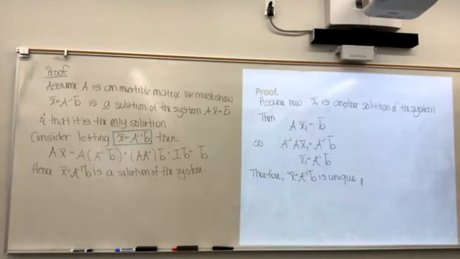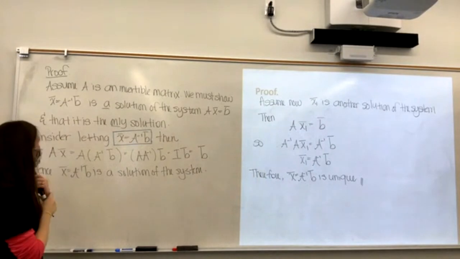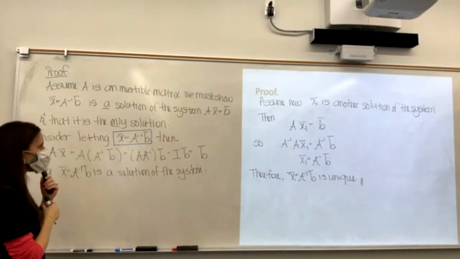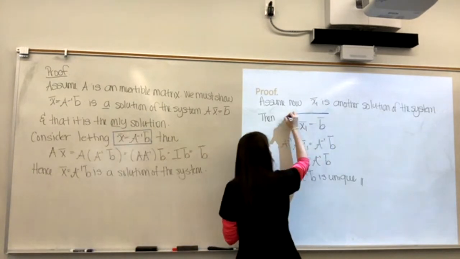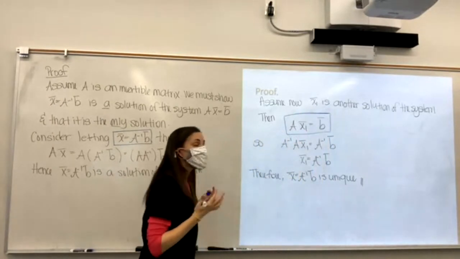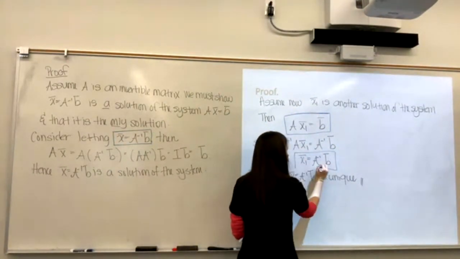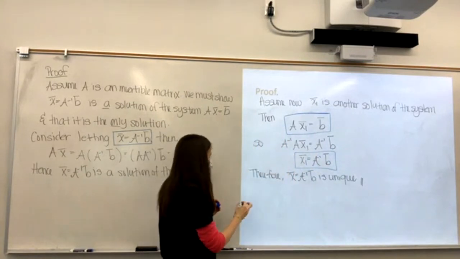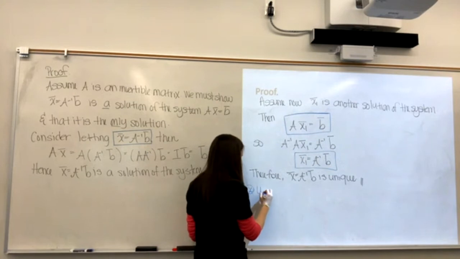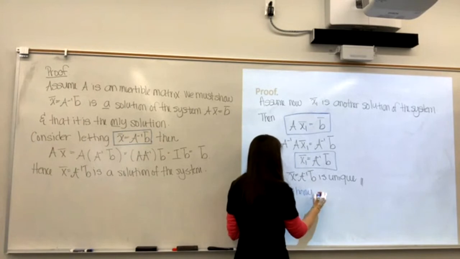Okay. So we're going to do some examples. But what this theorem is really telling us is, if I start with a system, AX equals B, and I want to solve that system, well, a solution to that system will be A inverse times B. Now, this is one of those things that is useful to know in theory, but not in practice.